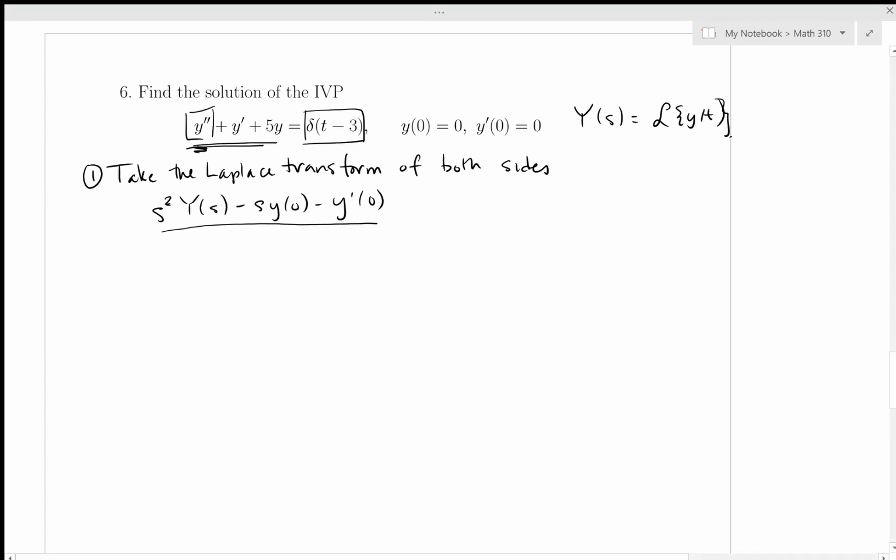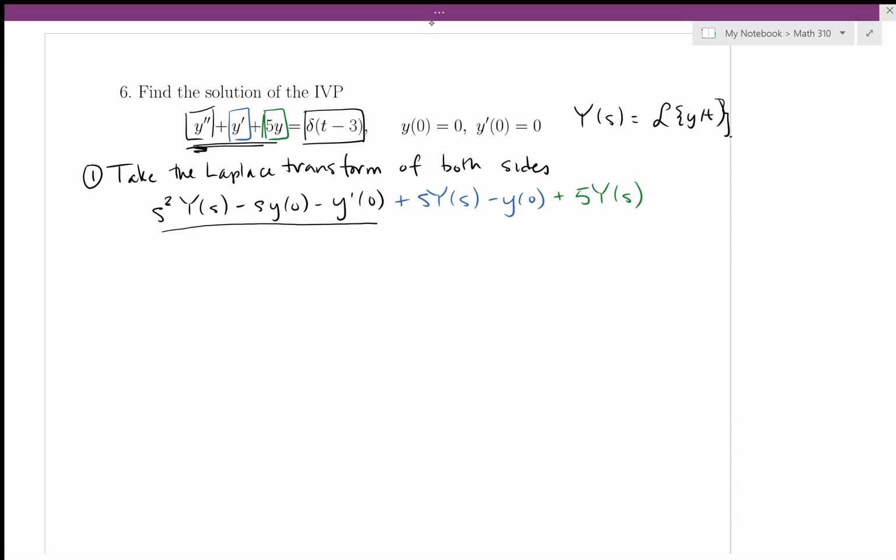Then I move to looking at the Laplace transform of the next term, and that will be plus s Y of s minus y of 0. And then the Laplace transform of this is going to be 5 Y of s.